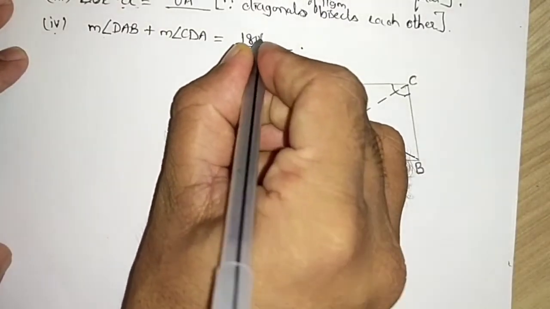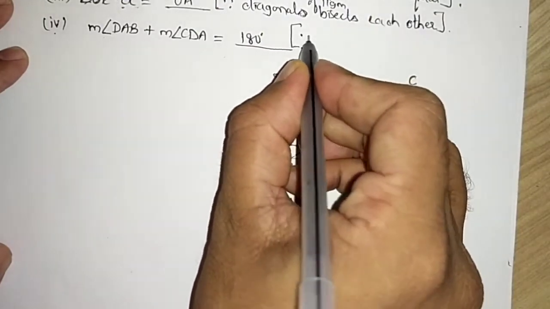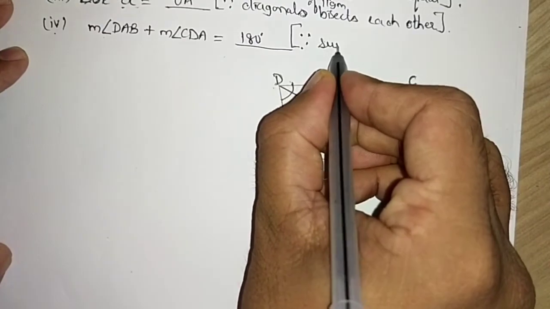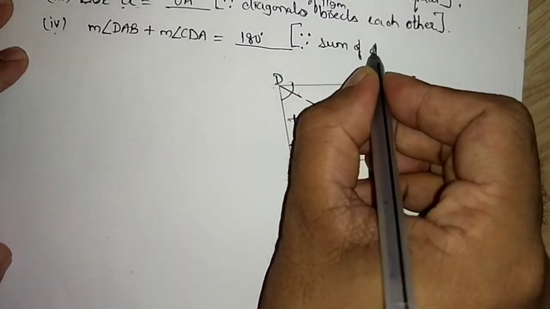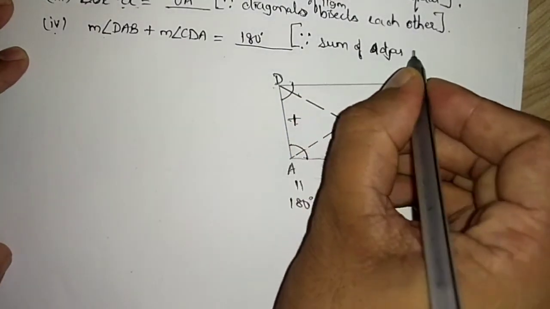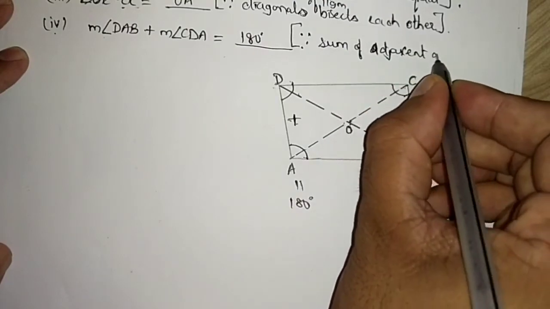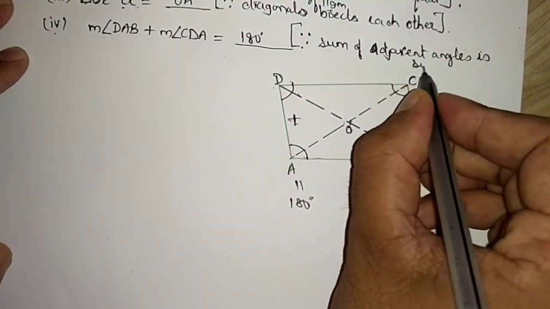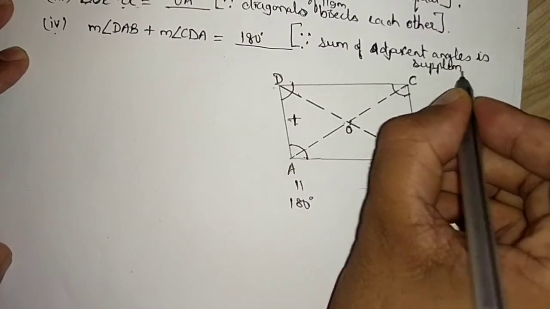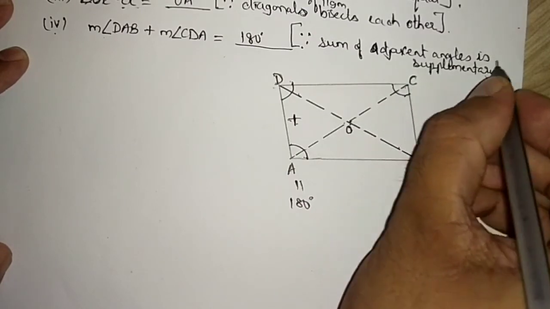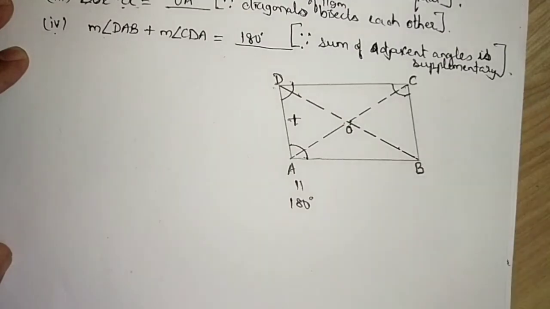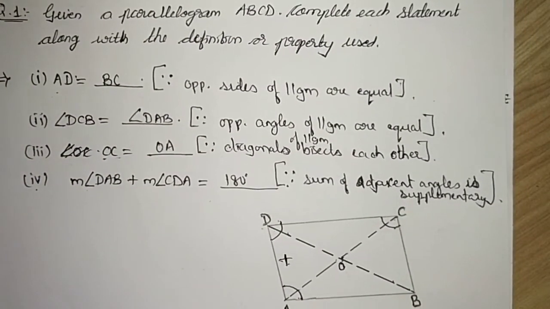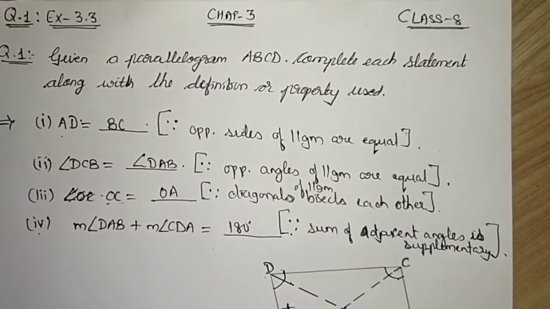So I will write 180 degree, and reason I will write because sum of adjacent angles is supplementary. Supplementary means 180 degree. So very easy question, but if you have gone through the introductory lecture, then only.